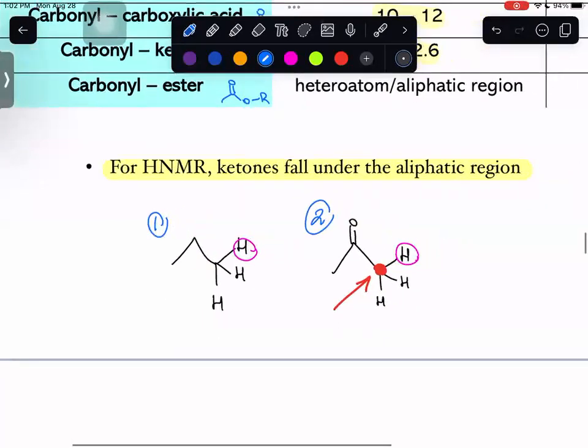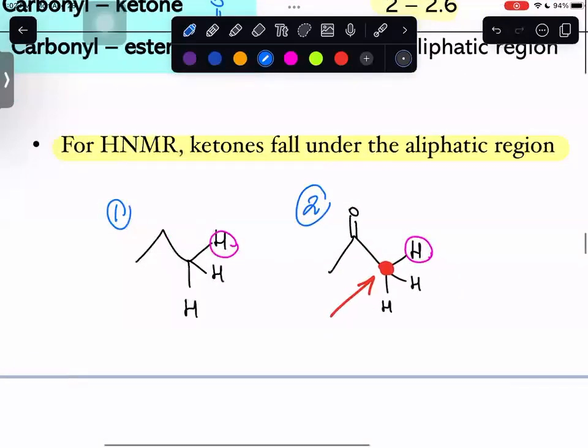Let's start with those two. Those two molecules are going to be considered technically shielded. Now, why wouldn't the ketone be deshielded if we have that carbonyl area? What do we think? Because the electron cloud density is closer to that environment. So that ketone is technically in the aliphatic region, so it's not that deshielded, it's mostly shielded.